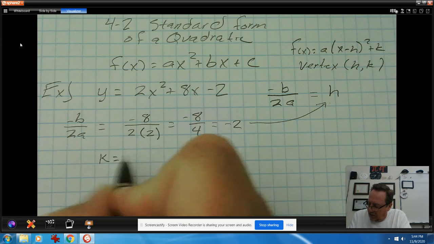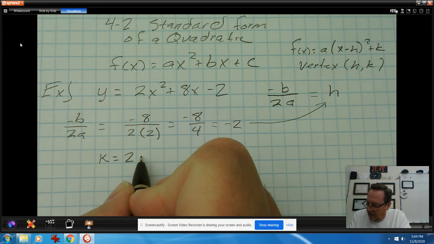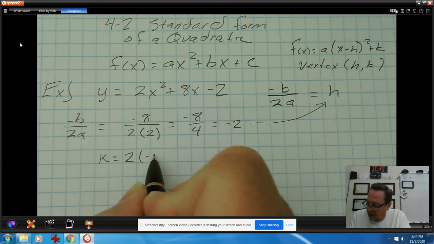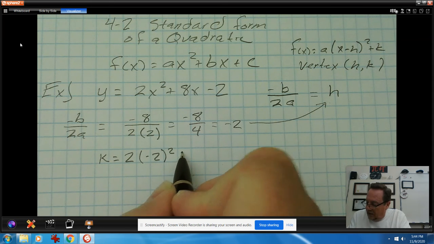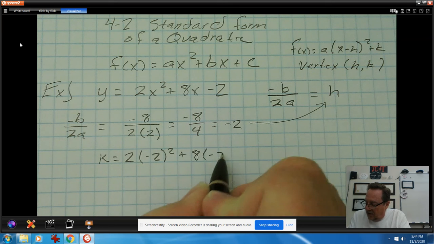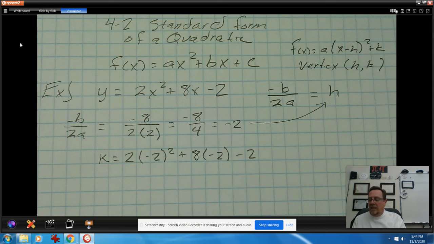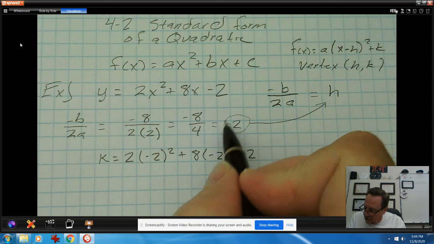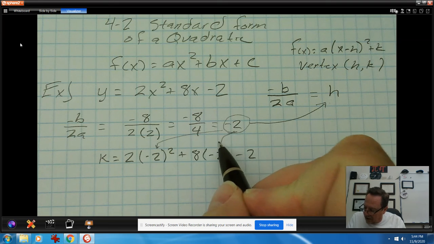is going to be equal to, I'm just plugging in my h. In this case, 2 times negative 2 squared, plus 8 times negative 2 minus 2. Now, what did I just do? Well, I took this negative 2, that's my h, and I plugged it in here and here.